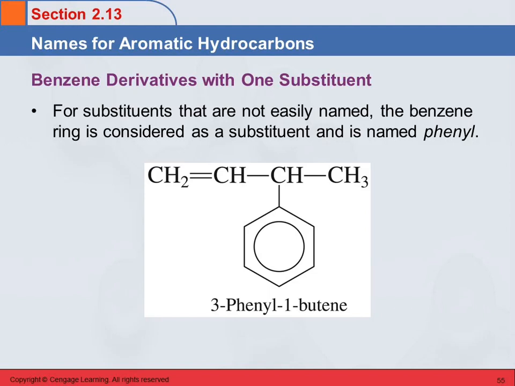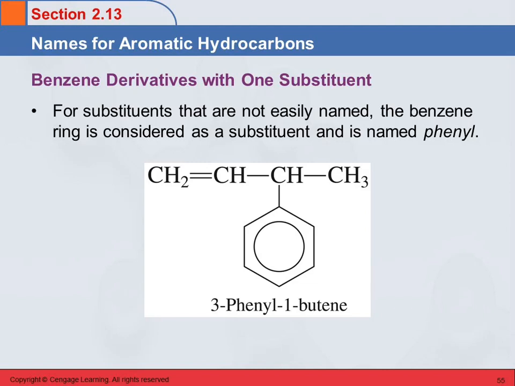Sometimes the substituent is more complicated than the benzene ring. You know, how would we name this guy as a substituent? Ew, right? Okay, so then we switch it and we say, well, let's name it like benzene is the substituent and it is attached to this other thing.